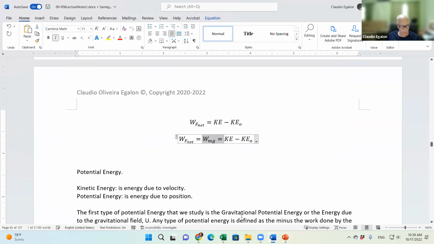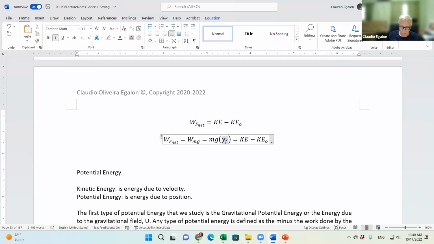There's just one force being applied, which, by the way, is going to be mg, times final position minus initial position, which is equal to final kinetic energy minus initial kinetic energy.